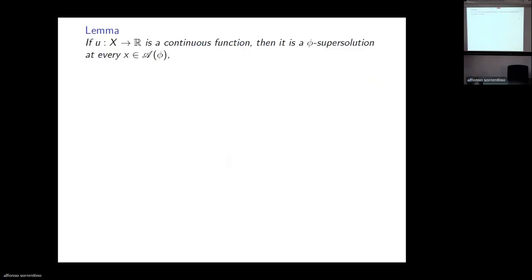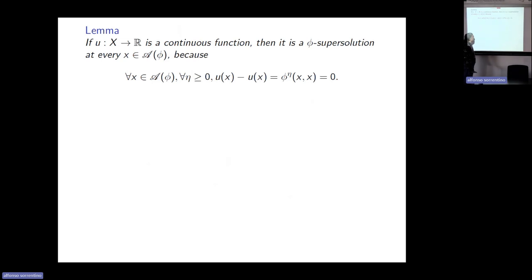And of course, if you have a continuous function, it is a phi supersolution at every x of the Aubry set automatically. Why? Because for every x in the Aubry set, and for every eta non-negative, you have u(x) minus u(x) is phi_eta of (x, x), which is 0 because x is in the Aubry set.